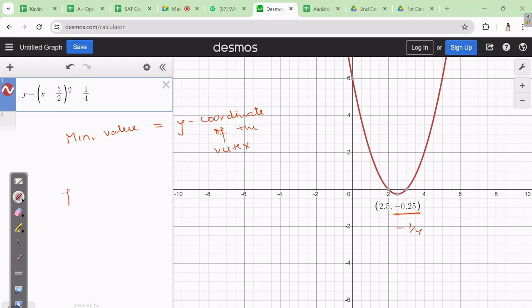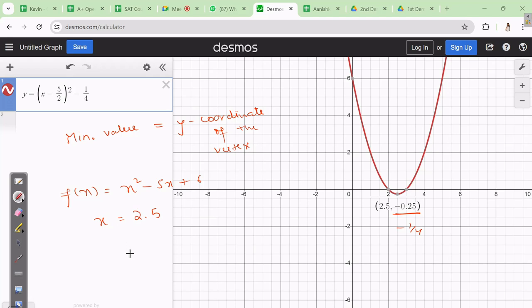So in this function, if you have f of x equals x square minus 5x plus 6, no matter what x you take, the minimum value that you will ever get is negative 1/4, because this graph is not going below this line of negative 1/4. And you will get this minimum value when x is equal to 2.5.